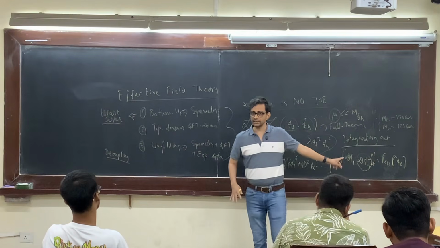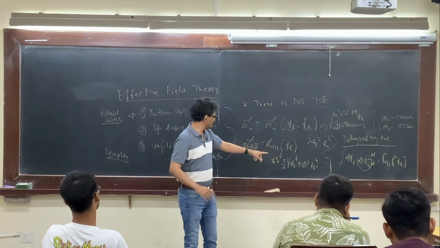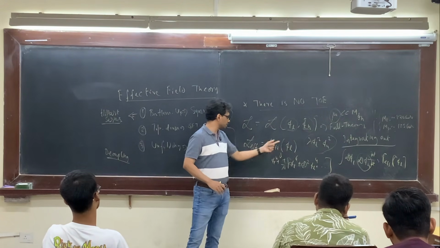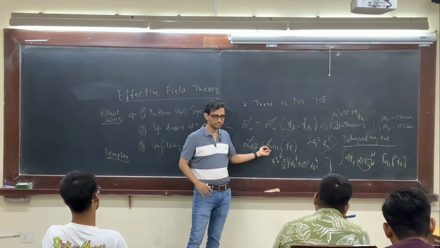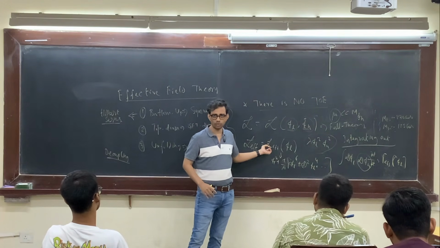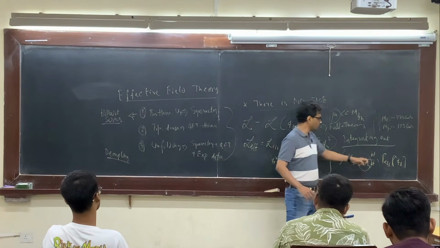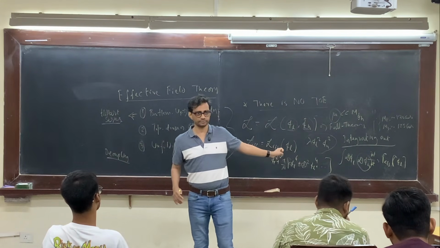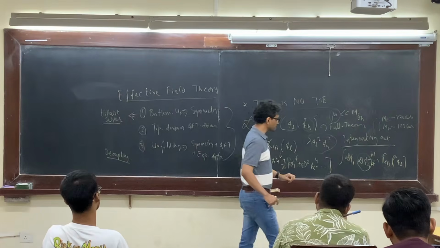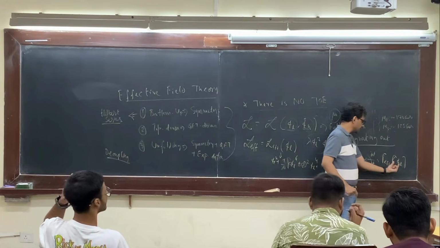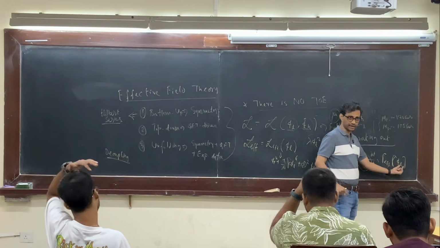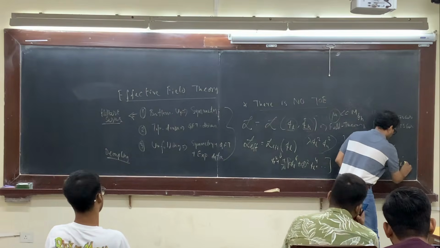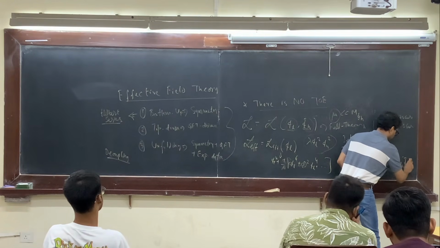Now the question is, can I translate this gamma effective in terms of L effective? The answer is no, because this is the effective action. This is still not the effective field theory. Why? Because when you do this, it is not only a function of phi L, but also a function of phi h c.